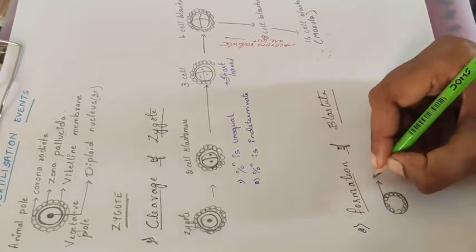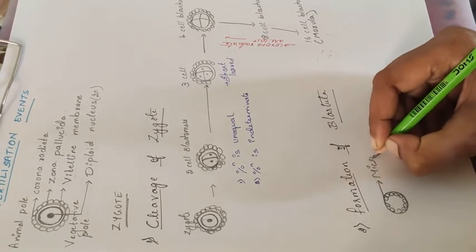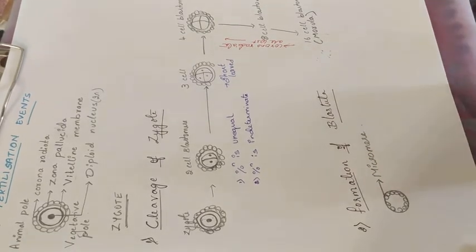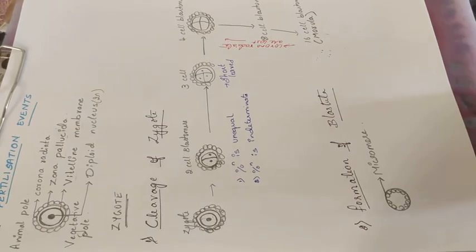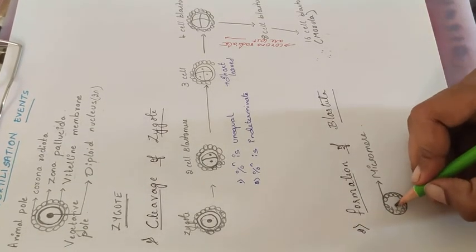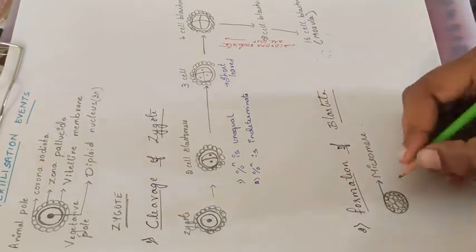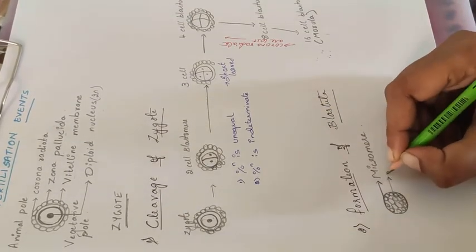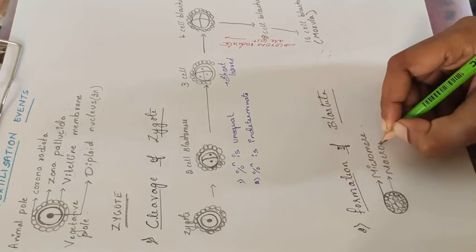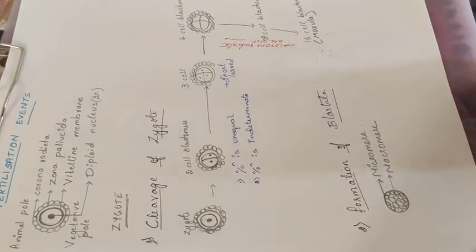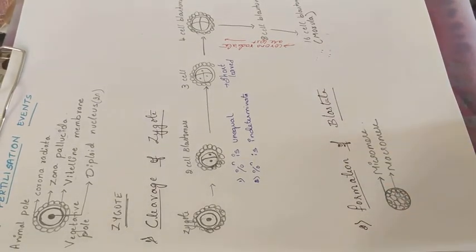The smaller one you call a micromere, whereas the larger ones, I have written 12, 13, 14, 15, 16, the larger one is called a macromere. So this is the blastula.